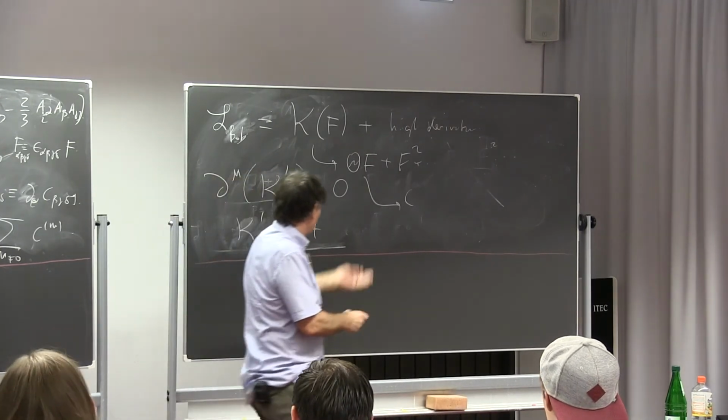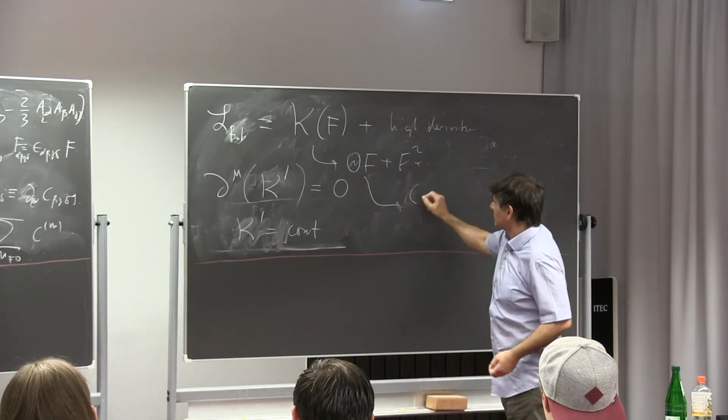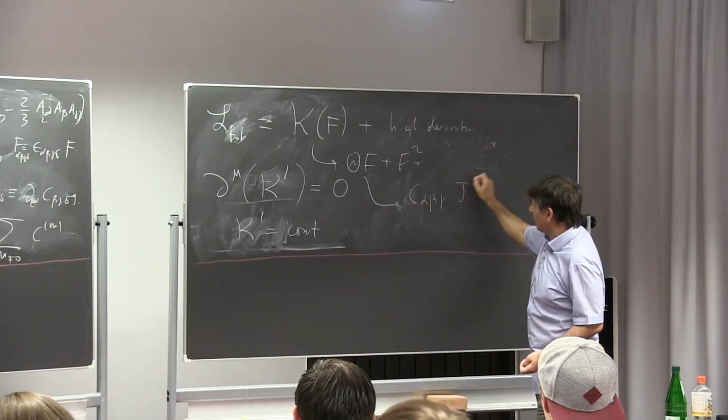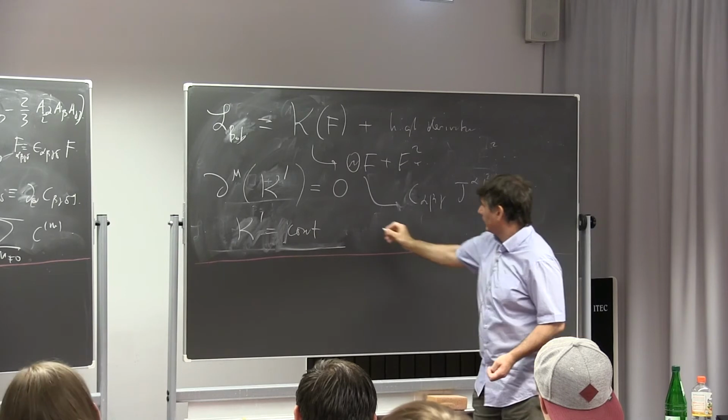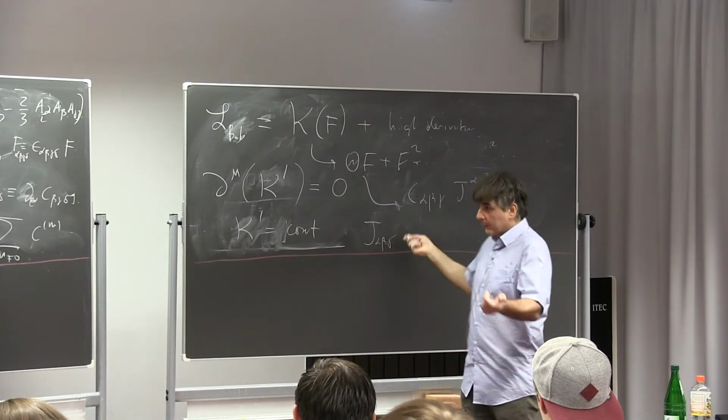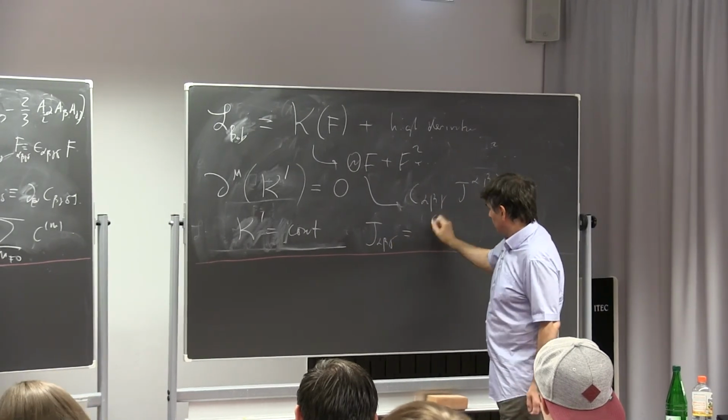where are we? I wanted to write this as a current, just for completeness. So this couples to a current, right? And this current is a boundary, again, it's the same story, no?